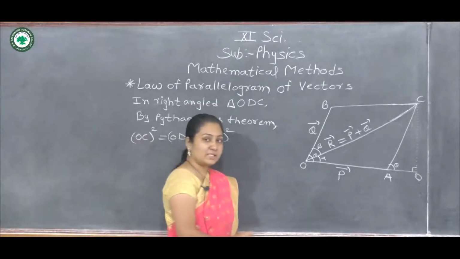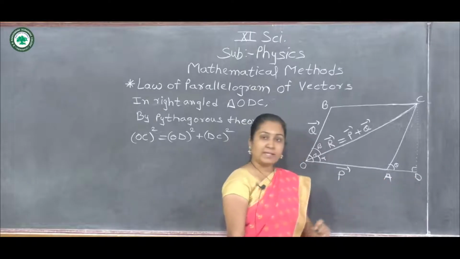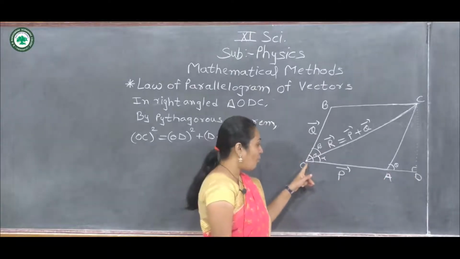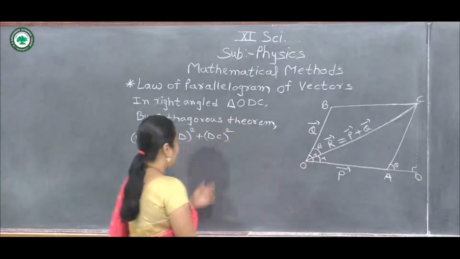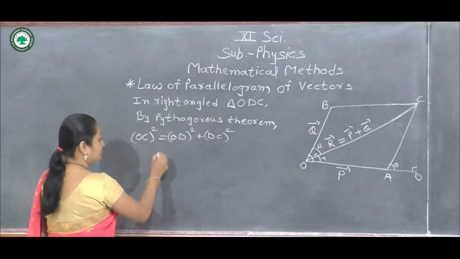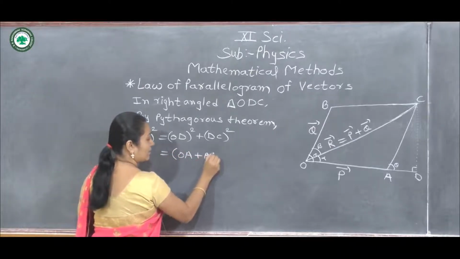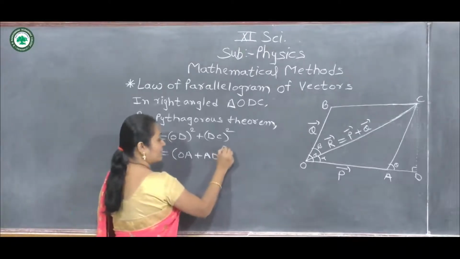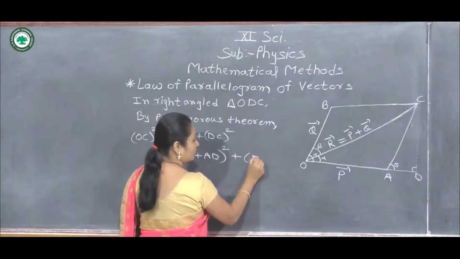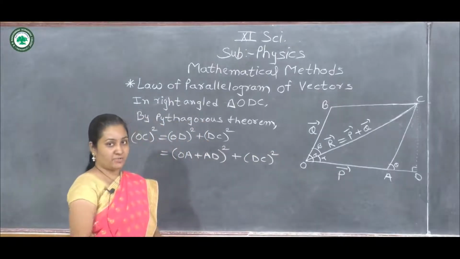Now if we see this diagram carefully, this OD can be written as OA plus AD. So instead of OD, we can write OA plus AD bracket square plus DC square.